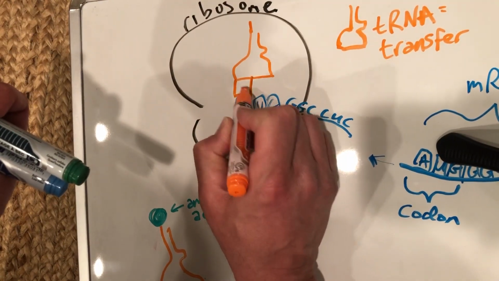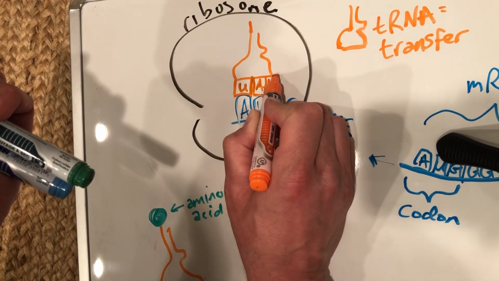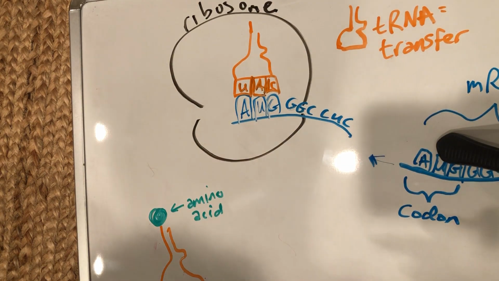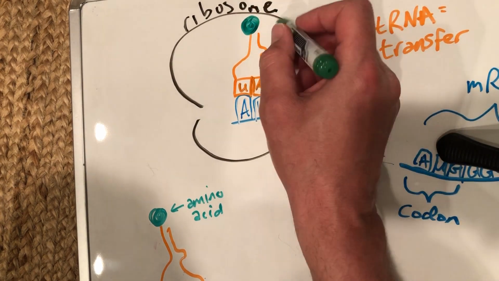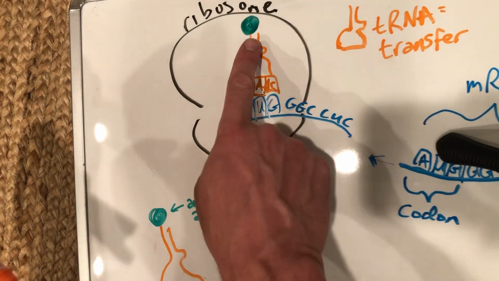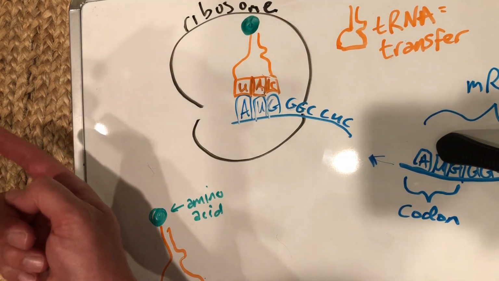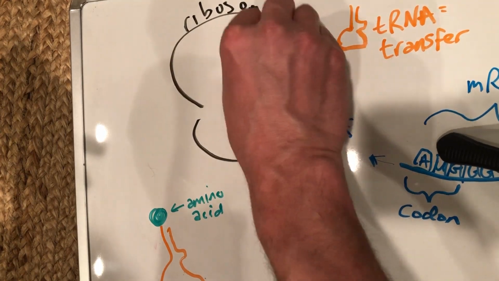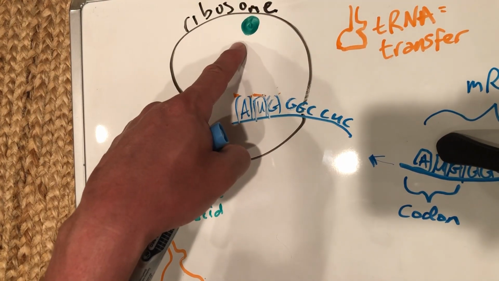And it's going to be U, A, C. That's what it would be, right? Now, UAC is going to carry the amino acid methionine. And what's going to happen here is after it has put its amino acid in place, the tRNA is going to leave the binding site and leave behind the methionine. In other words, it's going to disappear and the methionine is left attached to the ribosome.